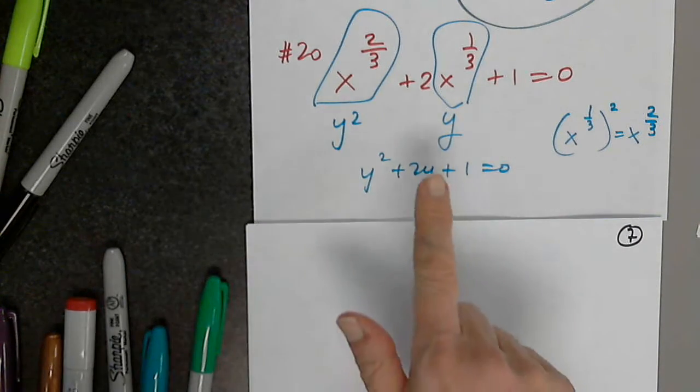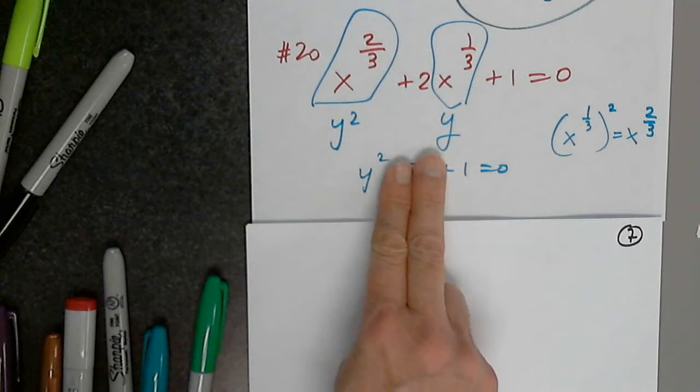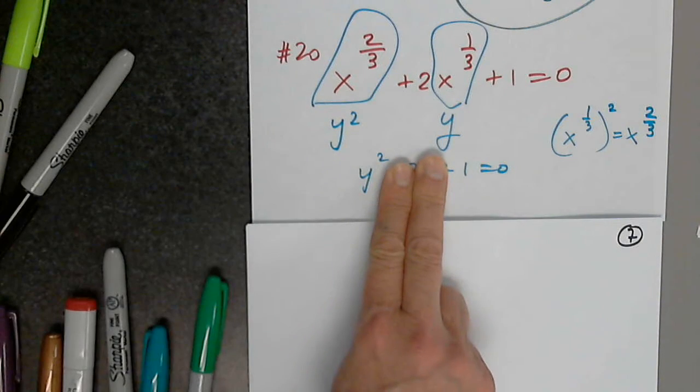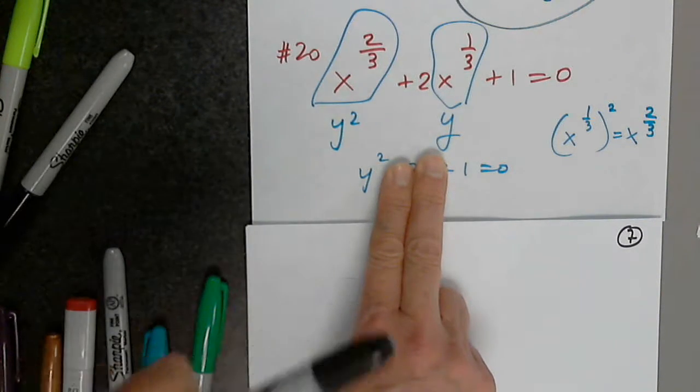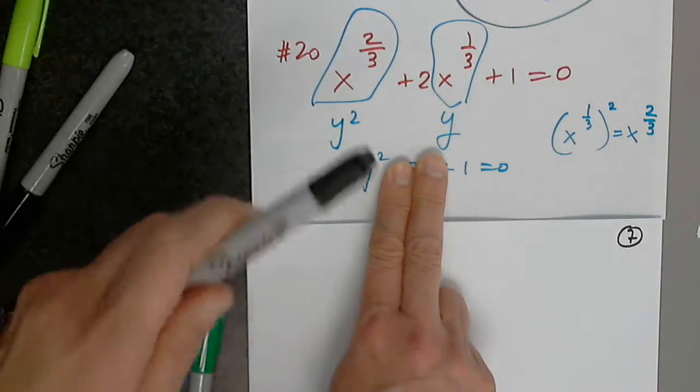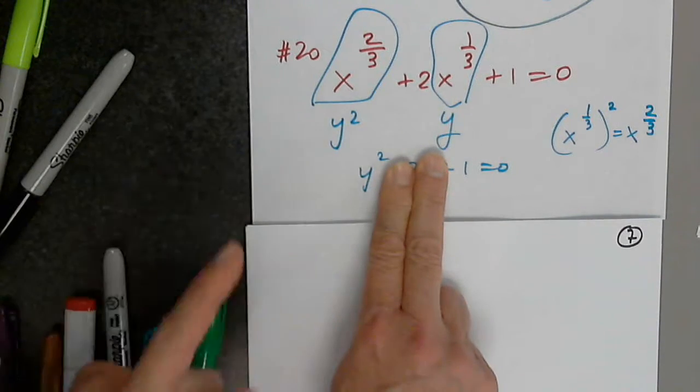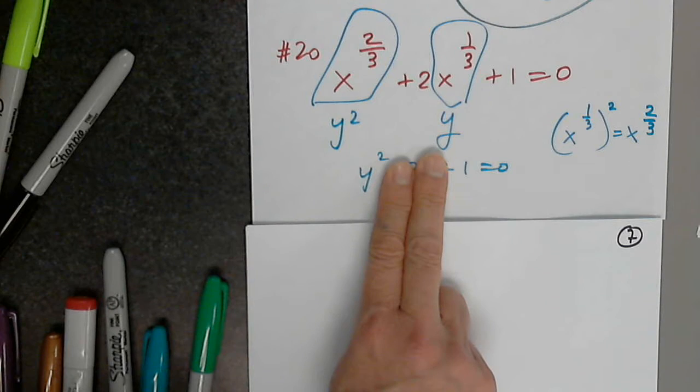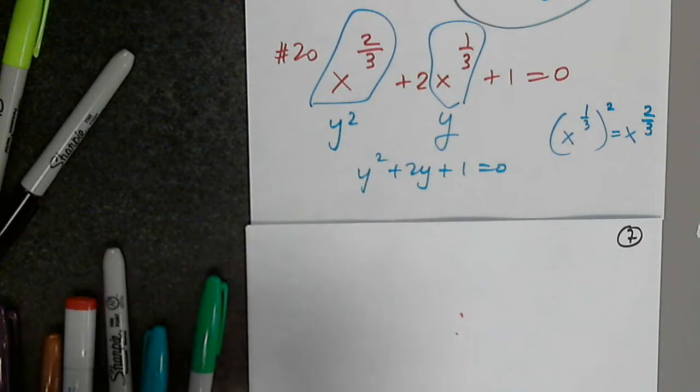So here's how, let me refresh your memory on how we check. Is this a perfect square? Is this a perfect square? What do I expect? Assuming that this is the right term, what would you expect? Everything? Exactly. So I'm going to write it.